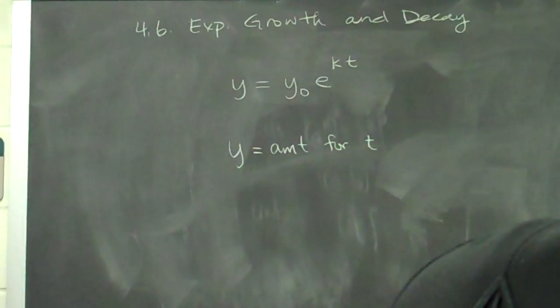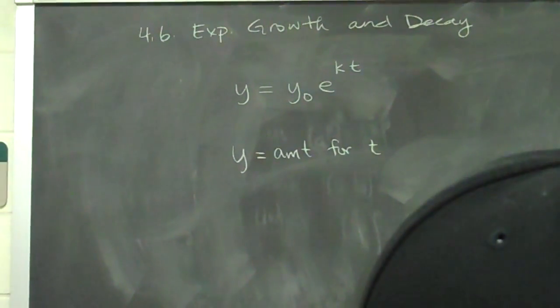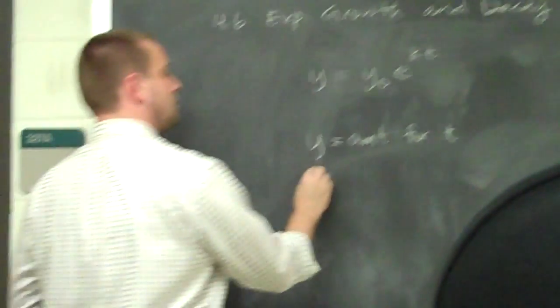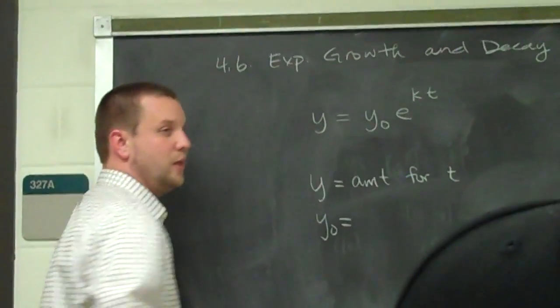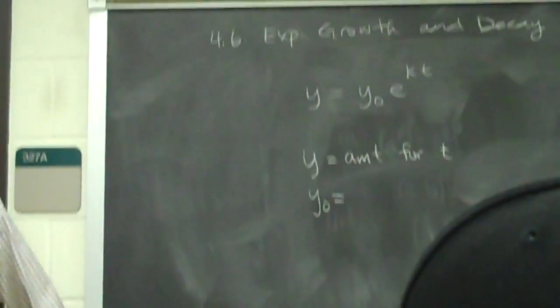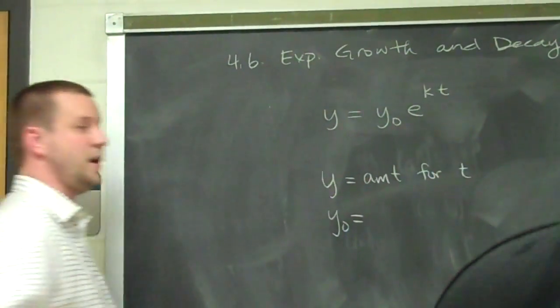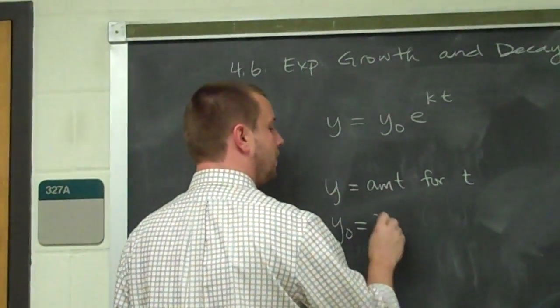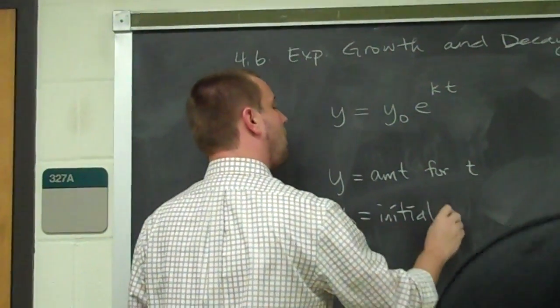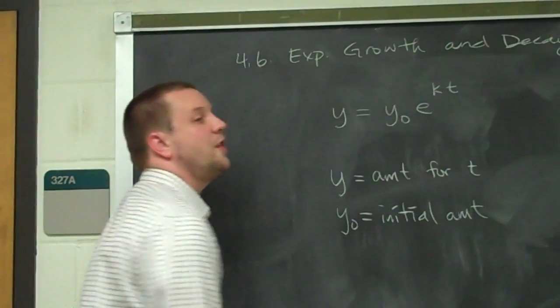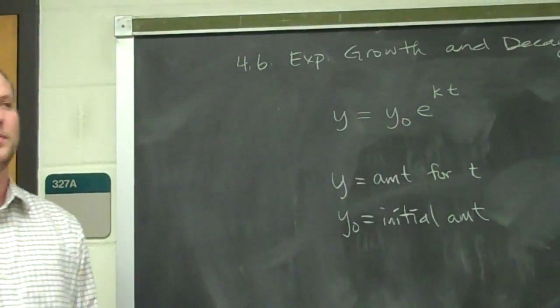That value of time. Okay? Y sub 0 is going to be our initial quantity, our initial amount. How much stuff are we starting with? This is at time 0.